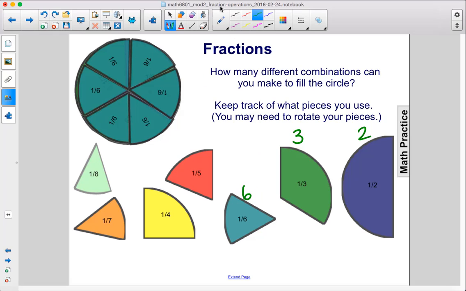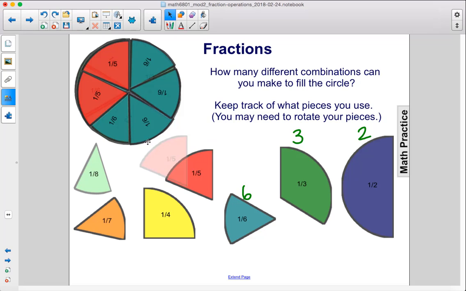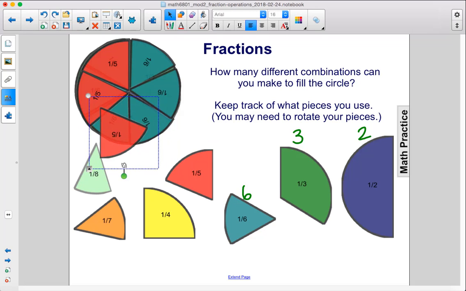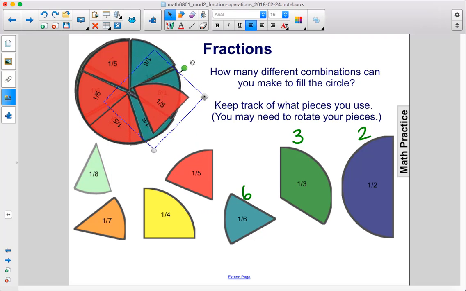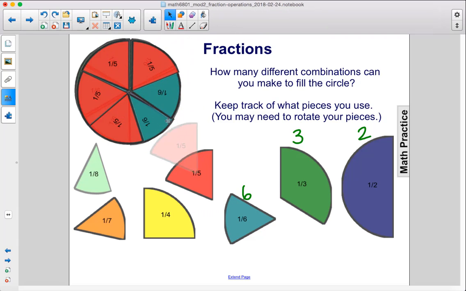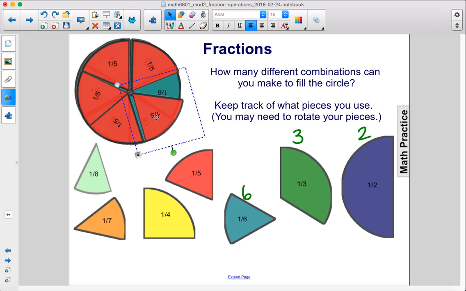All right, how about the 1/5 piece? 1, 2, 3, 4, and 5.